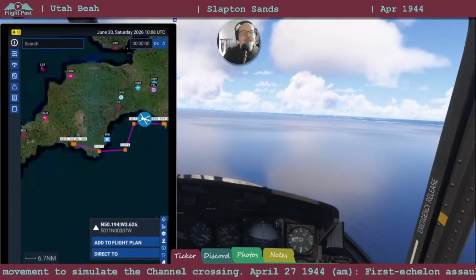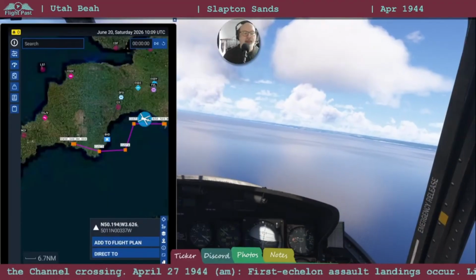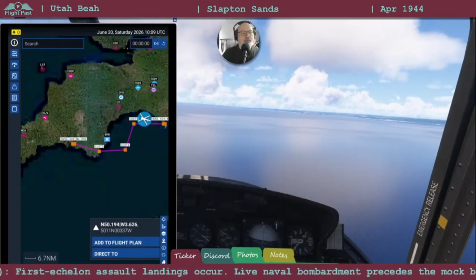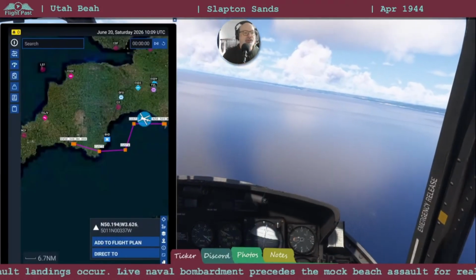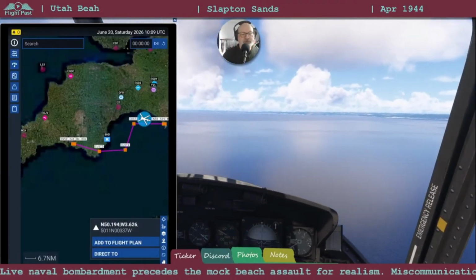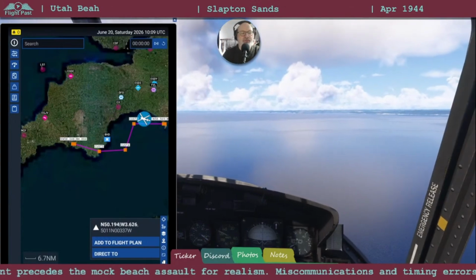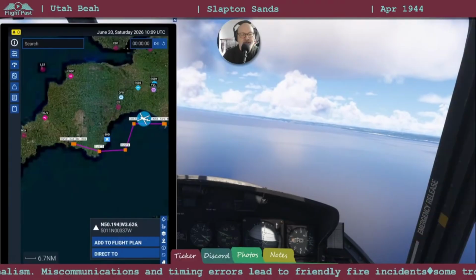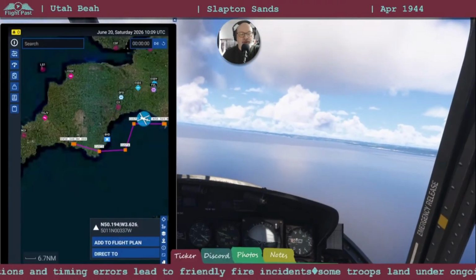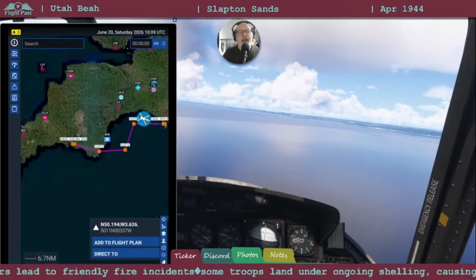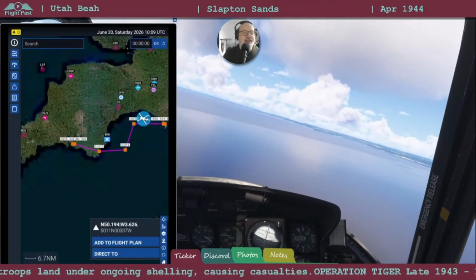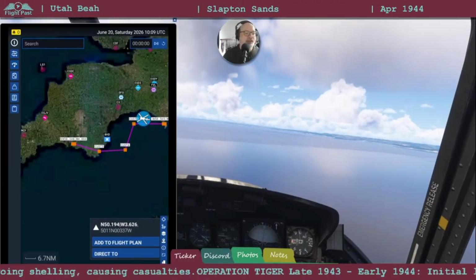So if you think about Plymouth, where it is, where we are now, we're approaching this waypoint. If you imagine where Slapton Sands is could be the base of the Cotterdam Peninsula, then these guys could come in from this point here, head south as if they're going down the Cotterdam Peninsula and then into the beach itself.